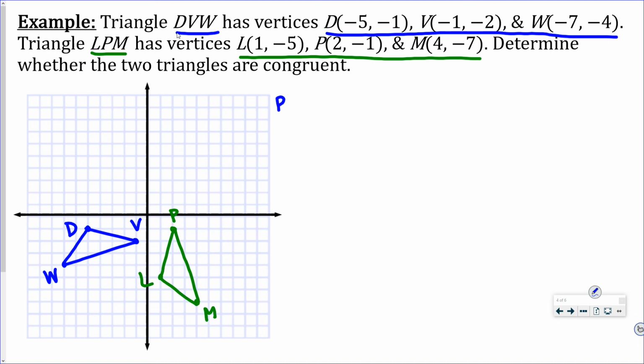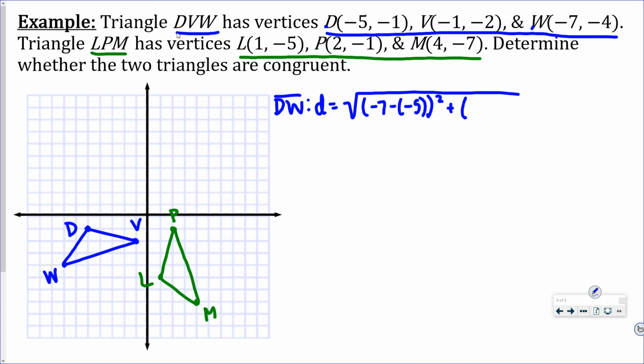Okay, I'm going to start with DW. DW, this side. Okay, DW. So, distance formula, refresher. Subtract the x coordinates, -7 minus -5. Square that.